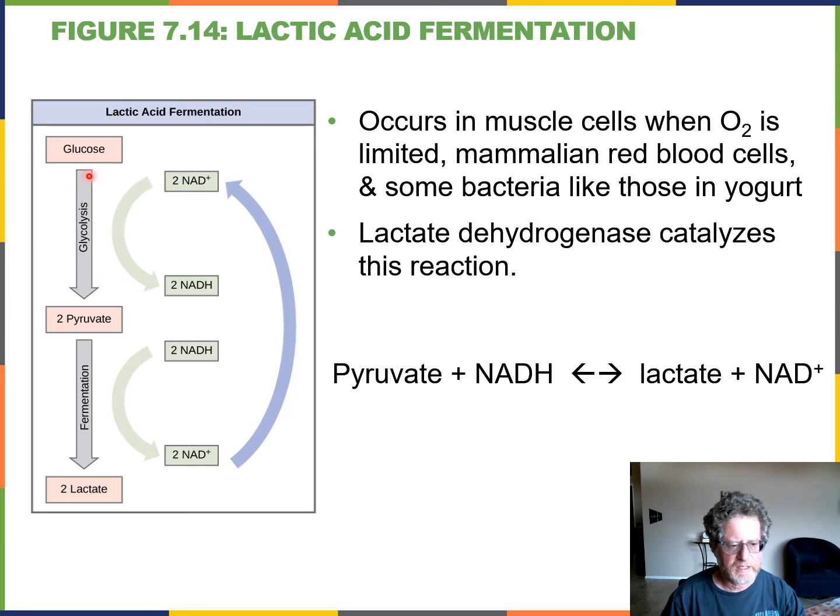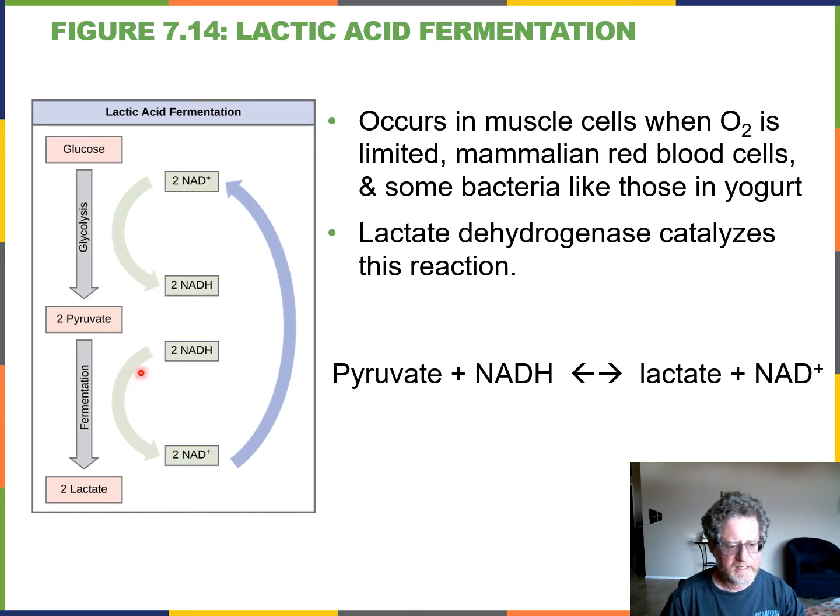And so a little bit of ATP is made during glycolysis, 2 ATP per glucose. In order to continue glycolysis, you have to regenerate NAD positive. Normally that happens during electron transport, but without electron transport, you're not regenerating the NAD positive.